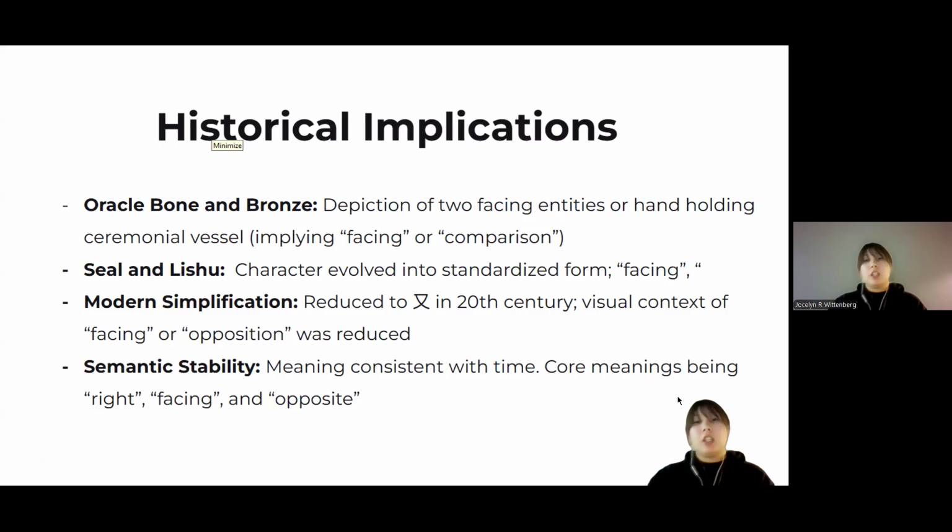And then with the modern simplification in the 20th century, it was reduced to the yo, and now it's just used for the visual context of facing and opposition. As for its semantic stability, it's stayed very consistent over time with its core meaning being right, facing, or opposite, or comparing to.